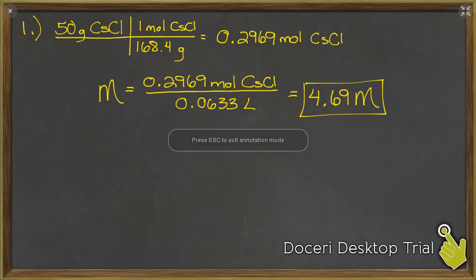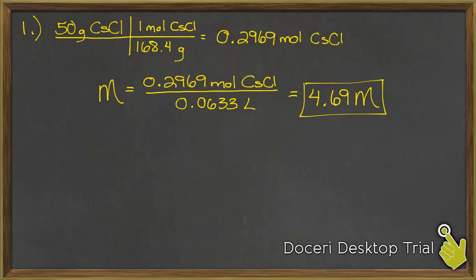I've got my answer to number 1 here, and this should have been pretty straightforward. You change grams to moles. Make sure that you changed that volume into liters. Now the problem had a little bit of a thing in there to throw you off. It gave you the volume of solvent, it was 50 milliliters, but that doesn't matter.